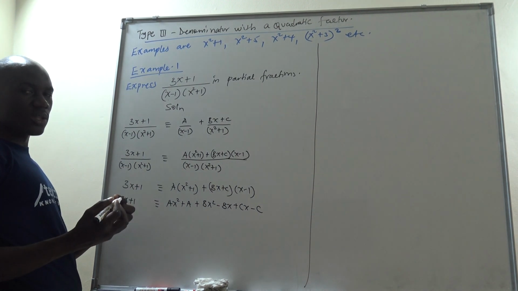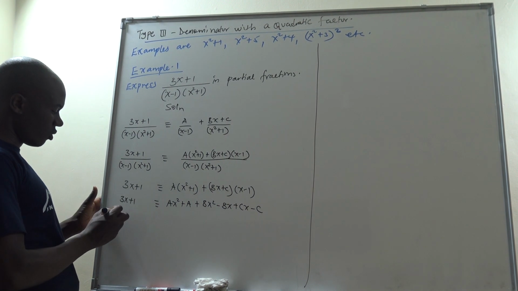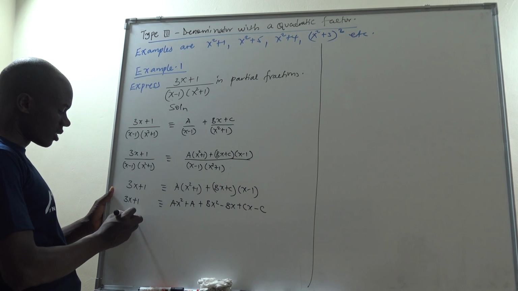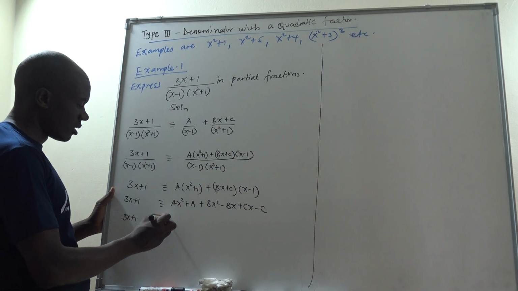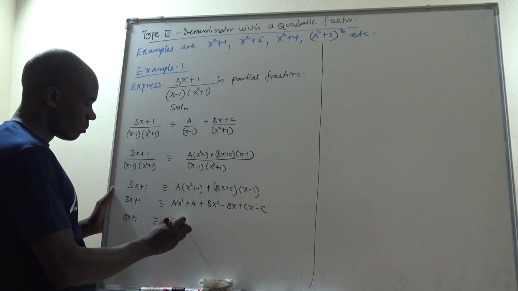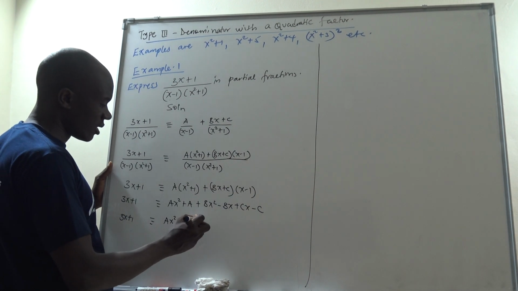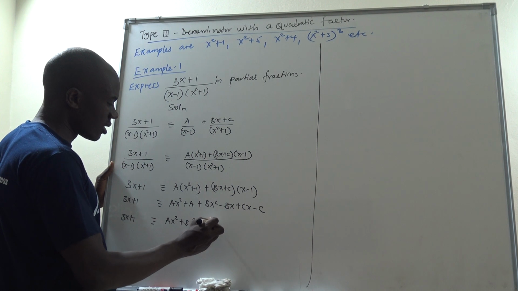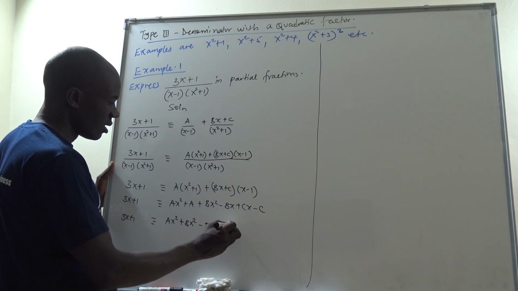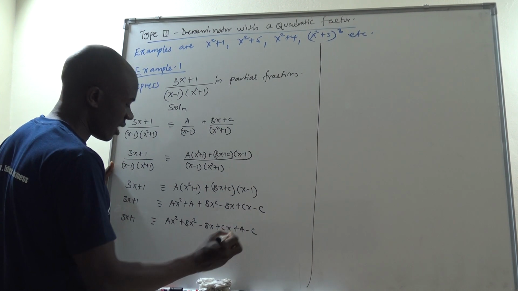Now we bring together those with x squared on one side. We have 3x plus 1 is the same as ax squared plus bx squared. We bring together those with x, minus bx plus cx, plus a minus c.